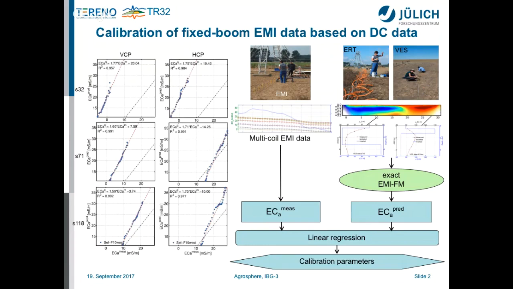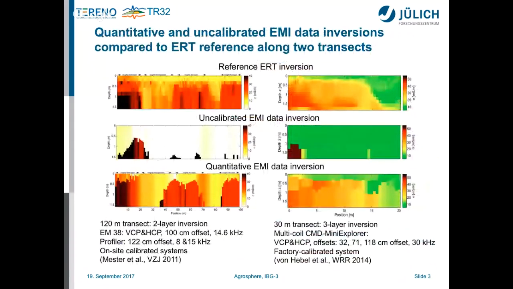So of course you may ask, why do we do all this? Why do we do the step with the calibration? This is the second slide. We see here on top, this is a 120 meter long transect. This one is a shorter 30 meter long transect. We see here in the middle panel always the inversion of uncalibrated, so simply just measured EMI data.